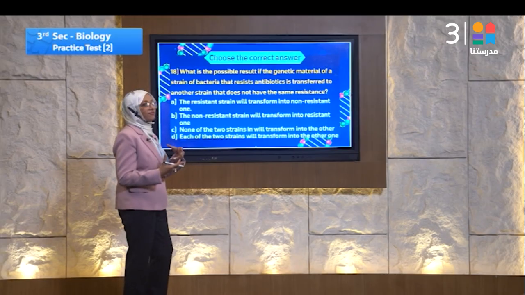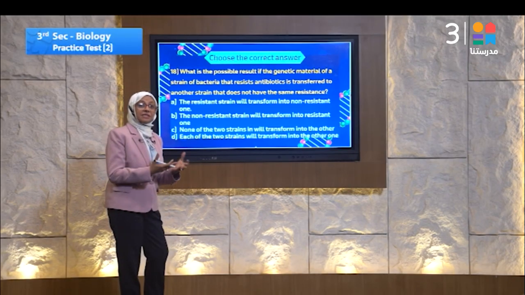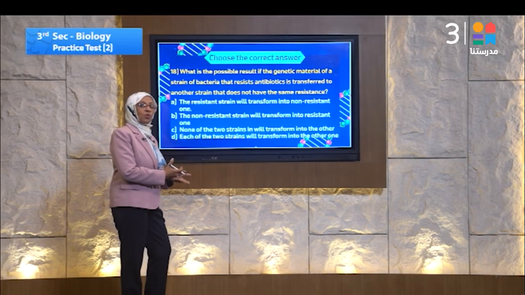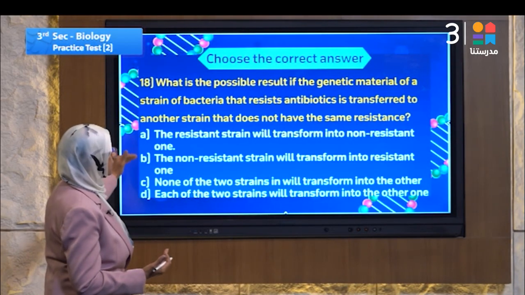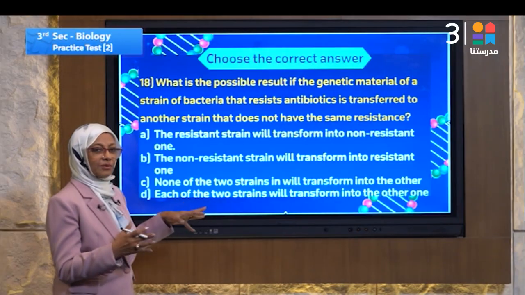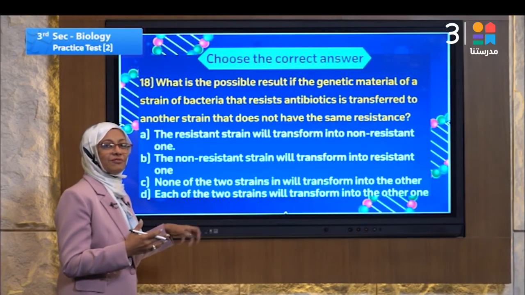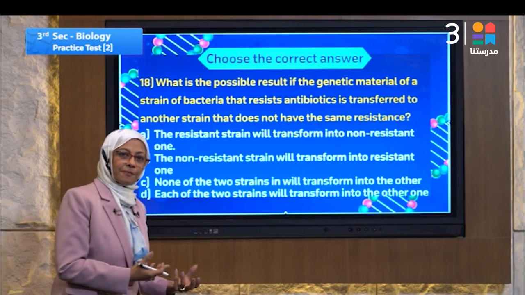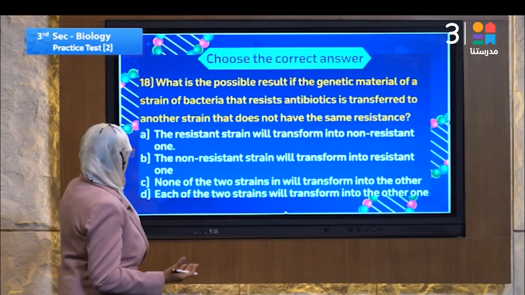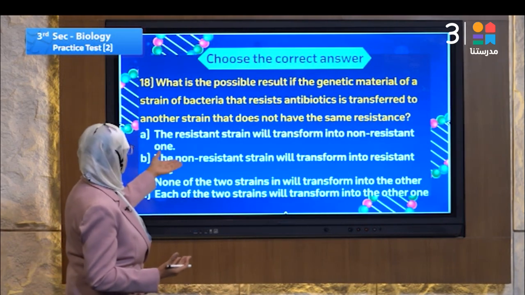Which of them is affected by the other, the resistant one or the non-resistant one? So there are many choices. They ask which one affects the other, resistant or non-resistant. Okay, let's read the choices.